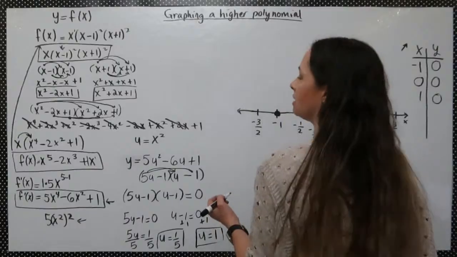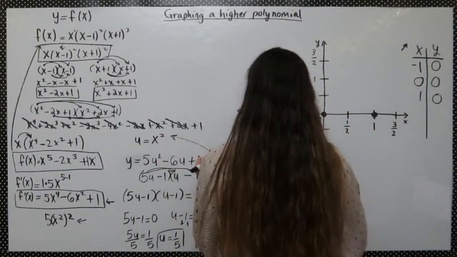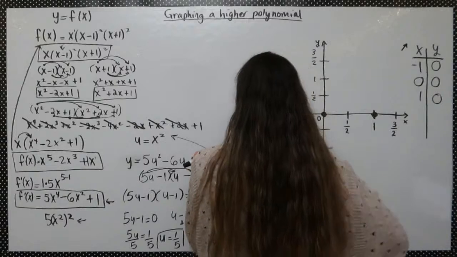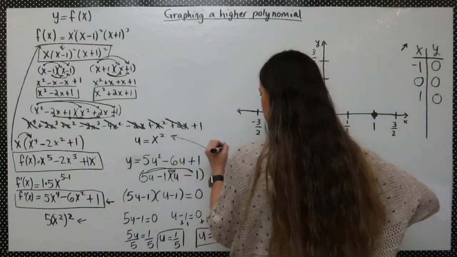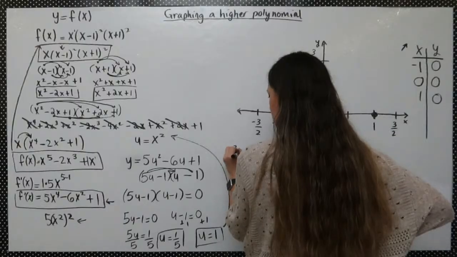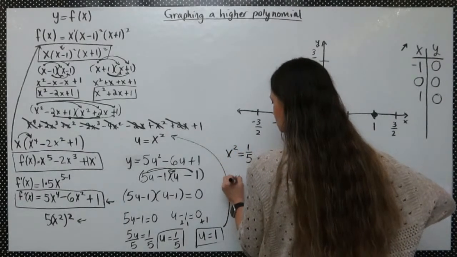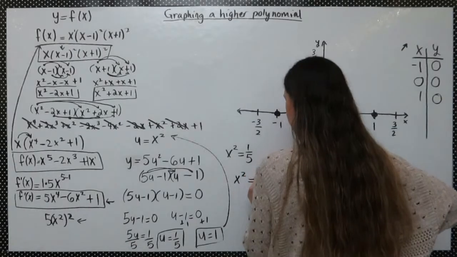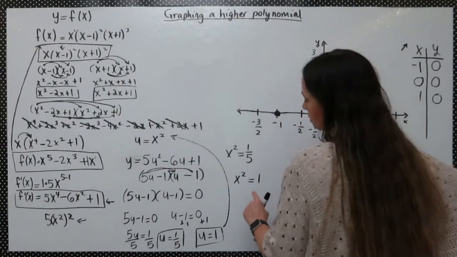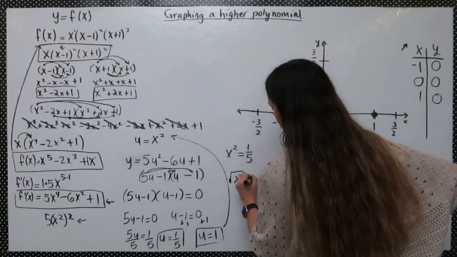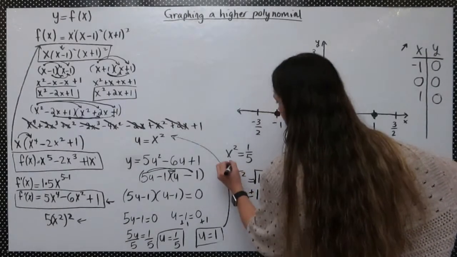But now that I have solved for u, I can come back and plug in. So I have x squared equals 1/5, and I have x squared equals 1. So when I solve, I get x equals plus or minus 1.